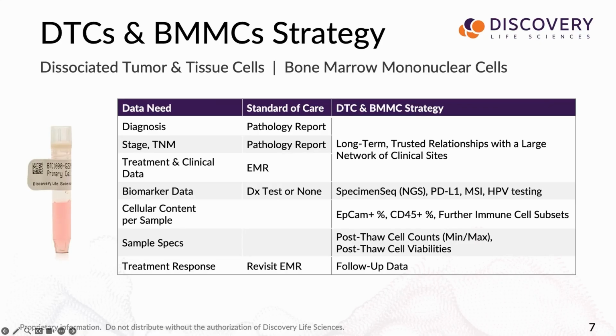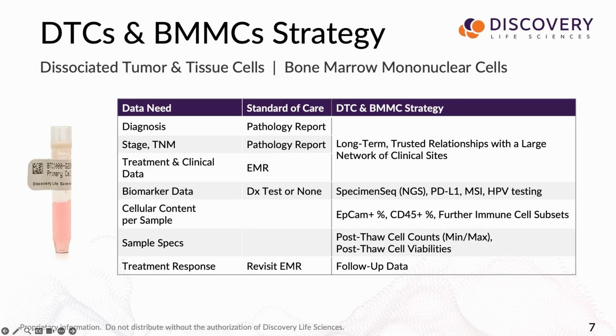And then to understand the cellular content, we're again leaning on flow cytometry. We have a standard panel. So your EpCAM positive percentage gets you your tumor cell fraction, your CD45 positive percentage gets your immune cell fraction, and then the panel contains further markers to further understand the immune cell subsets.